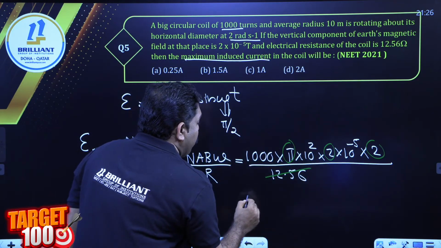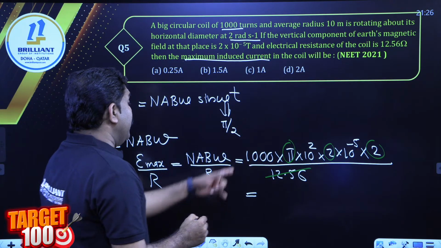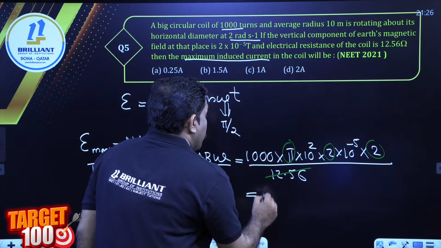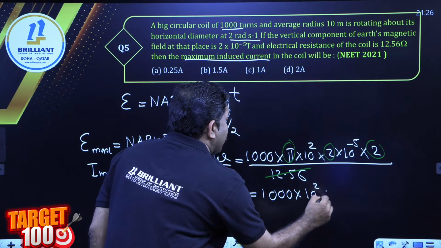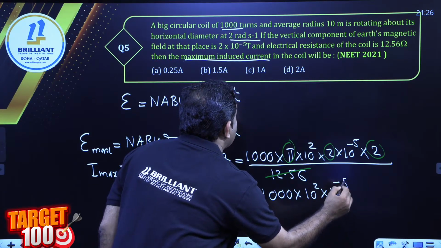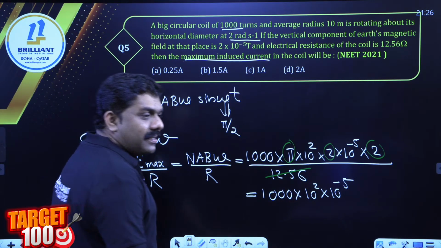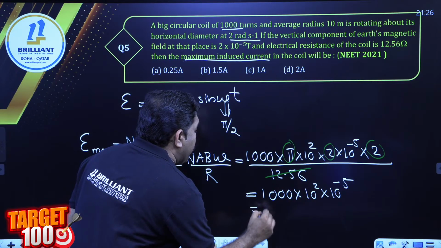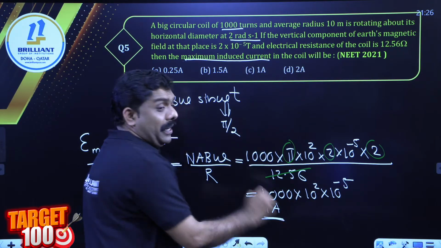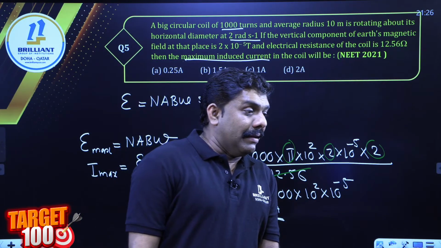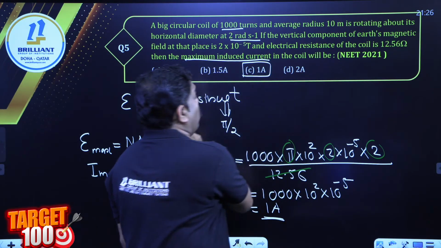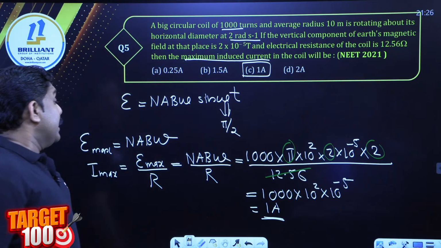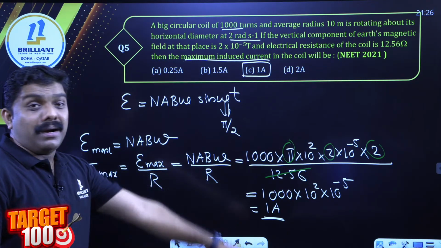Here 1000 is there, 10 square is there, and 10 raised to minus 5 is there. So the answer is 1 ampere. So option C is the right answer. The maximum current is 1 ampere.